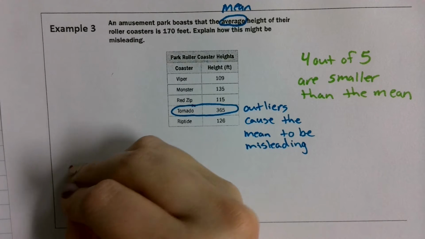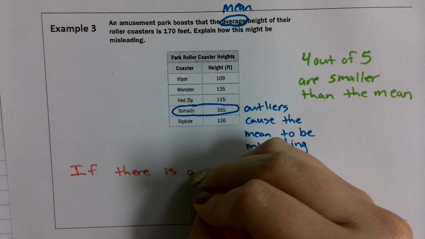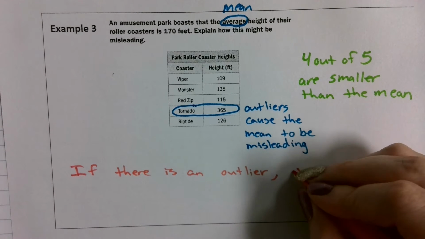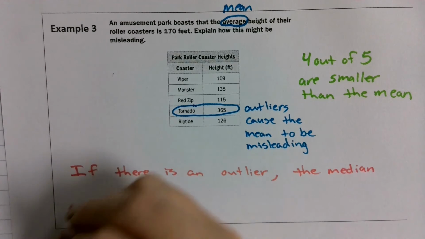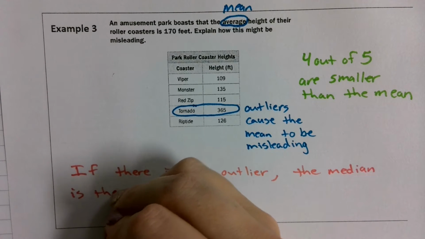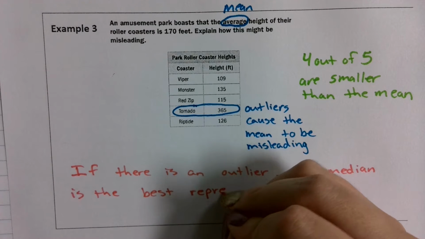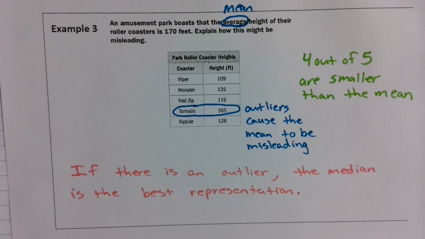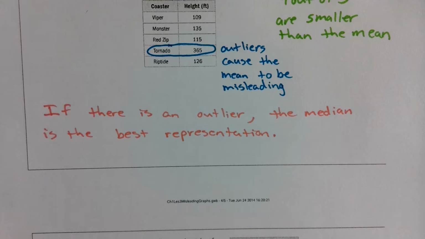So write that down. If there is an outlier, the median is the best representation.